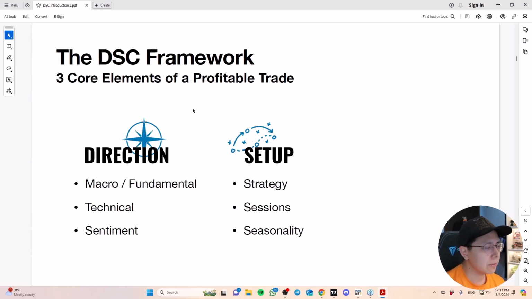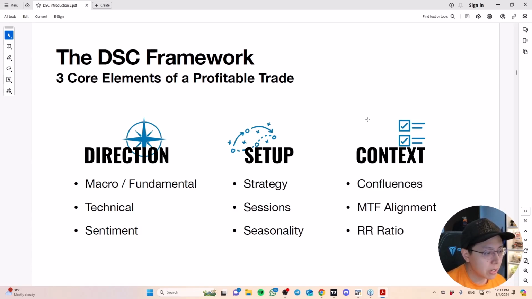But if you want to further increase the odds of winning and increase the confidence in your trade, that's where you add the third component, which I call context. Context carries the element of confluences, multi-time frame, and risk to reward ratio. I sum it up as asking the question: is this trade worth taking?